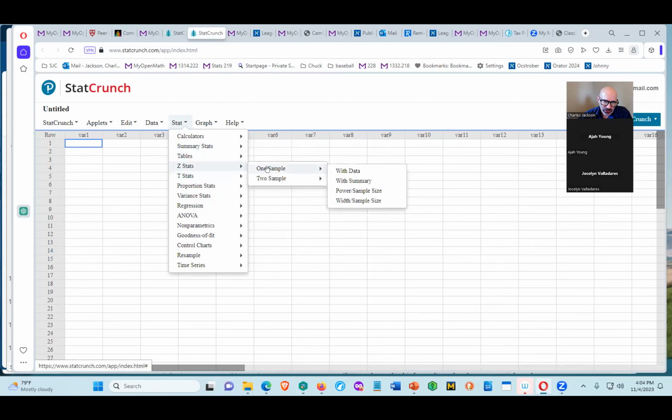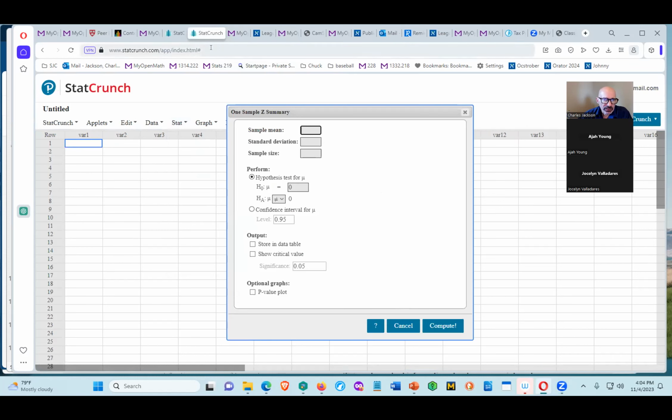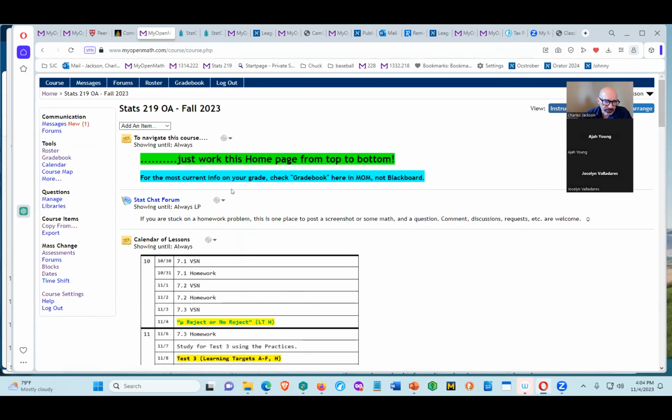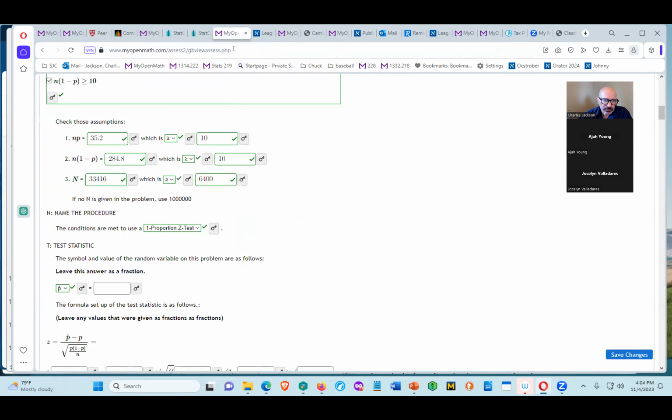Testing for proportion, one sample. This is probably summary. But see, it gives you for mu and not p. So I didn't know if that was the same thing.